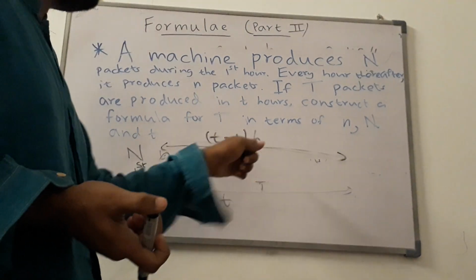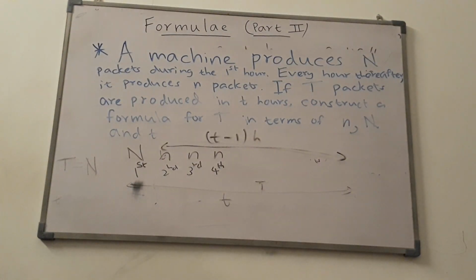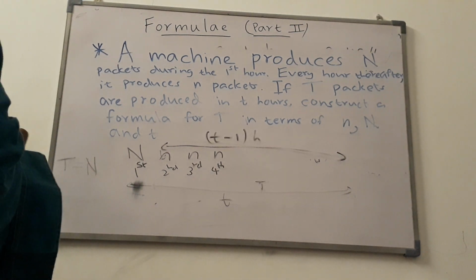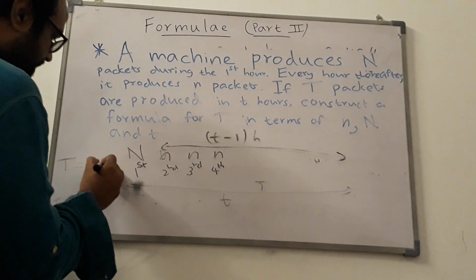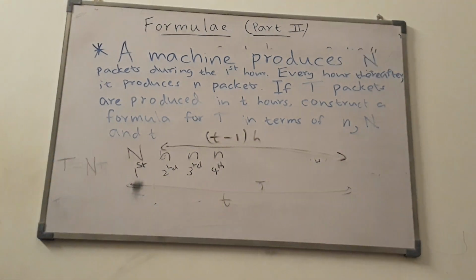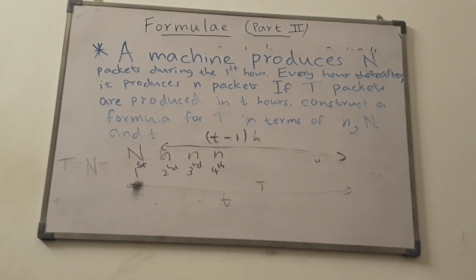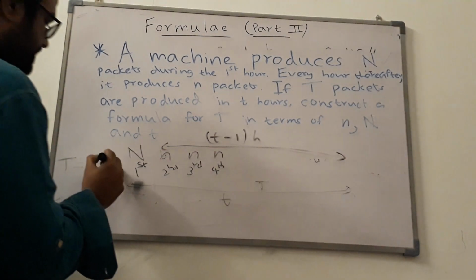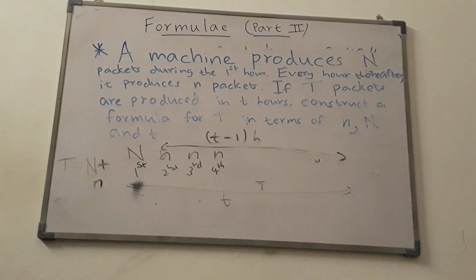So the answer here is capital N plus simple n times t minus 1.